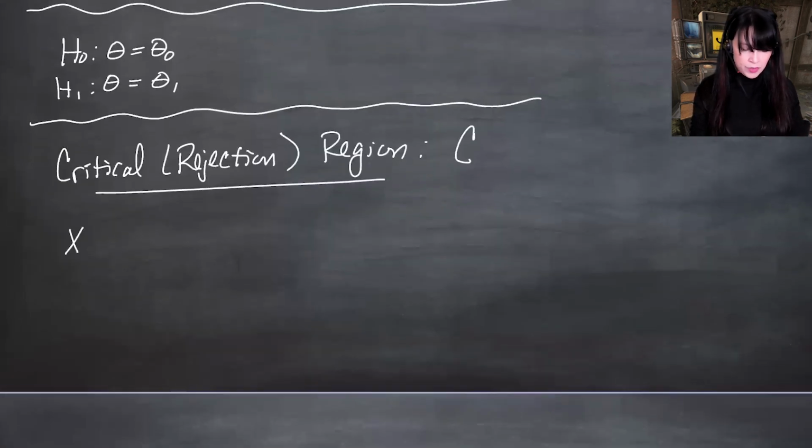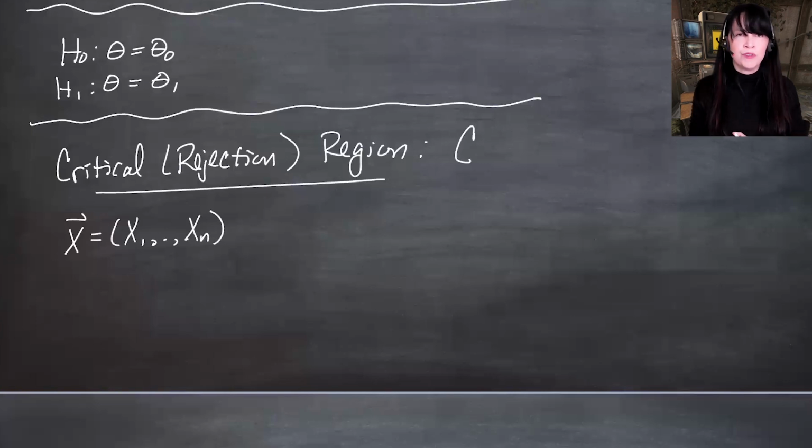So our data, we're calling capital X. This is capital X1 through capital Xn, and I made it look like a row vector. It doesn't matter. I'm not doing any matrix operations here. You might be more used to seeing X as a column vector, and that's fine too. But right now, the vector X just contains all the X's.